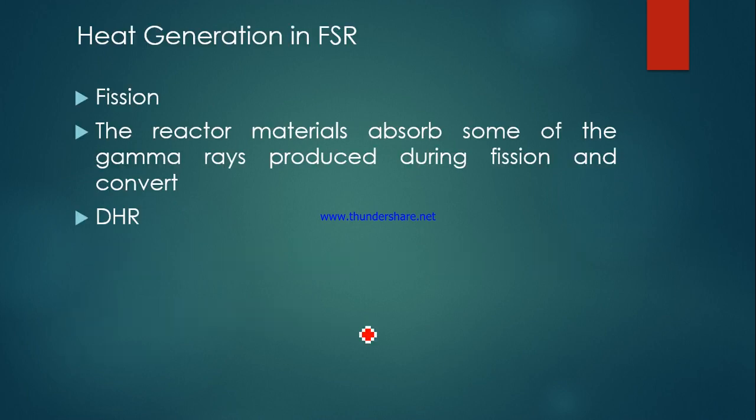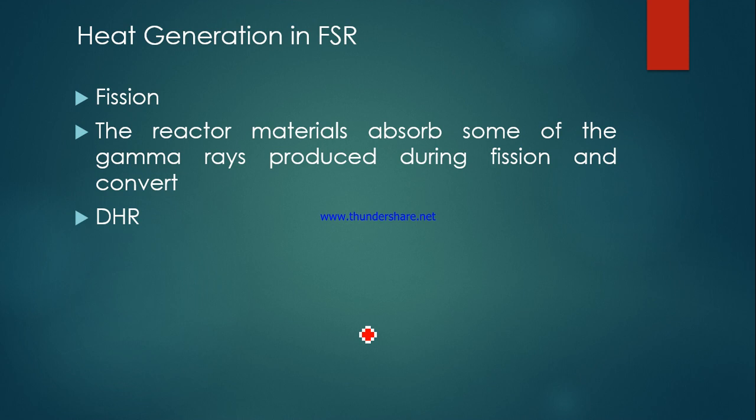So the heat generation in a fast reactor can take place broadly in three ways. We know the major part is contributed by fission.